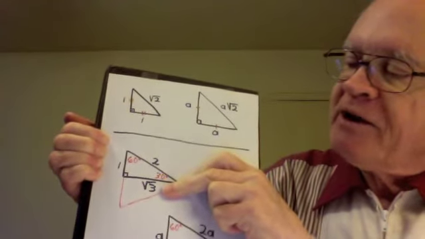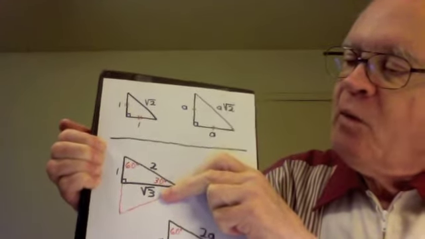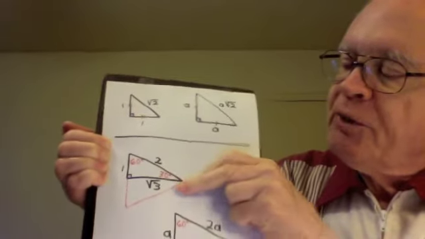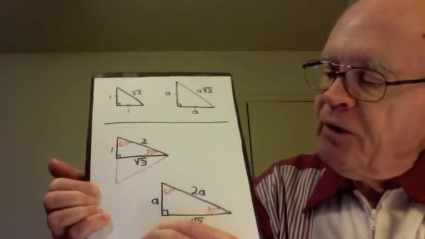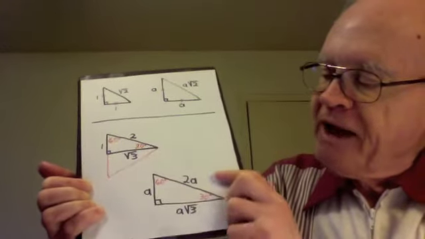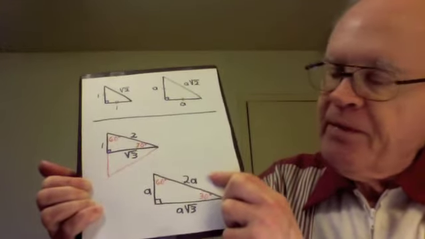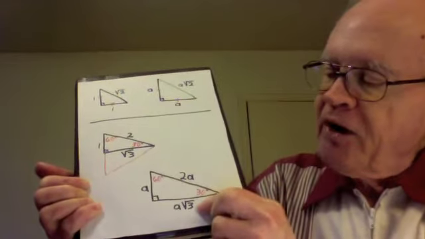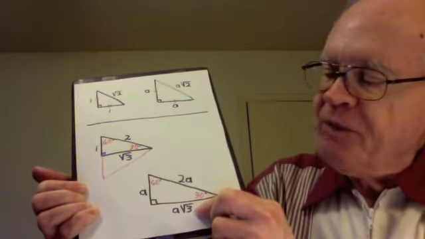It works out to be the square root of 3. 1, 2, root 3. In general, short leg length a, hypotenuse length 2a, length of the longer leg a times the square root of 3. So that's a little background to lead into my solution to this geometry areas challenge.